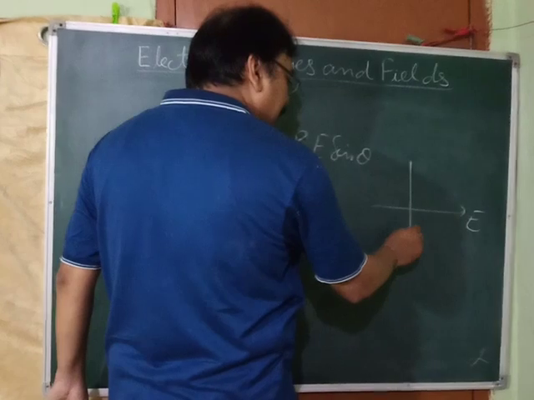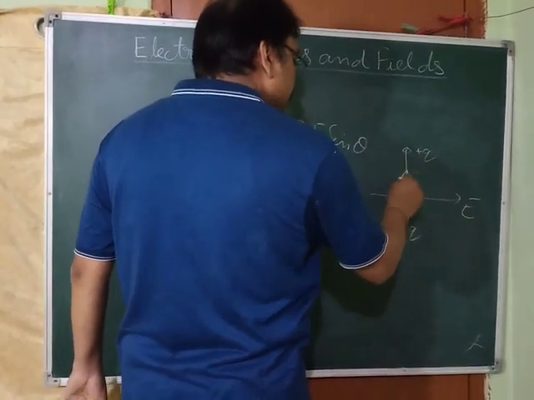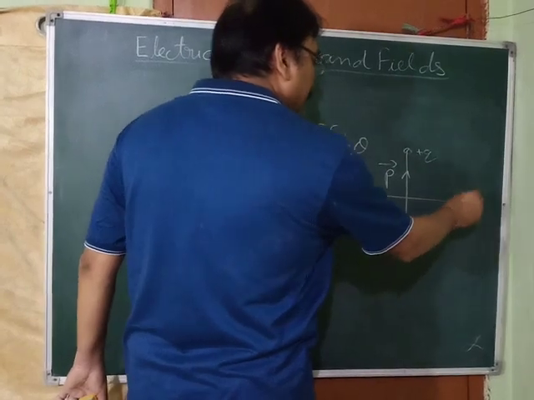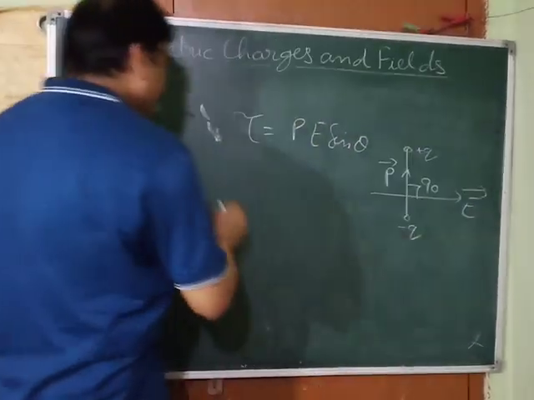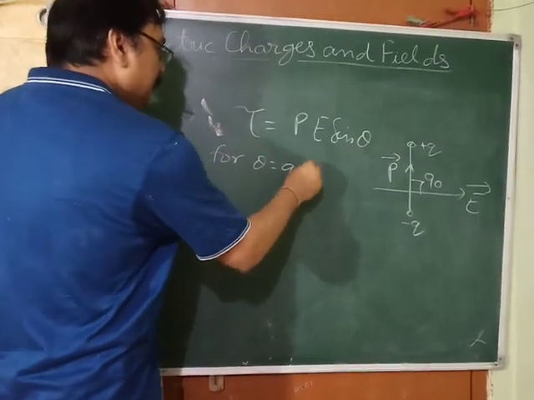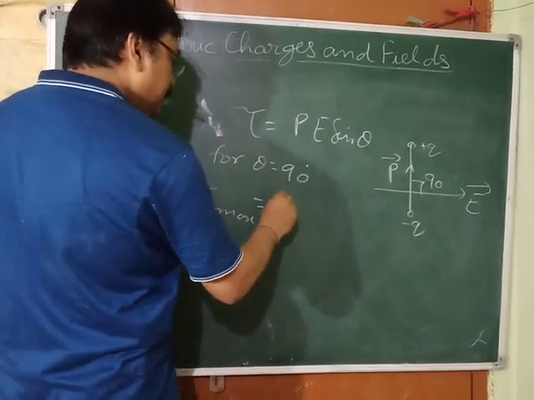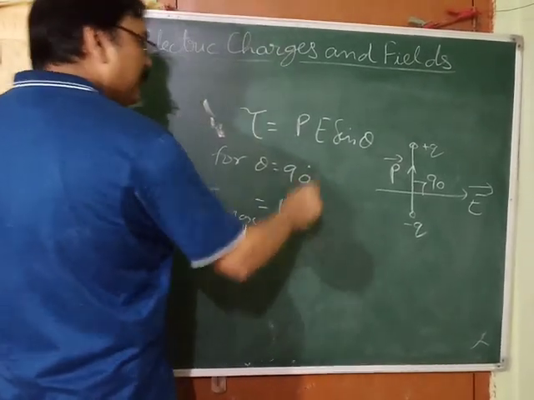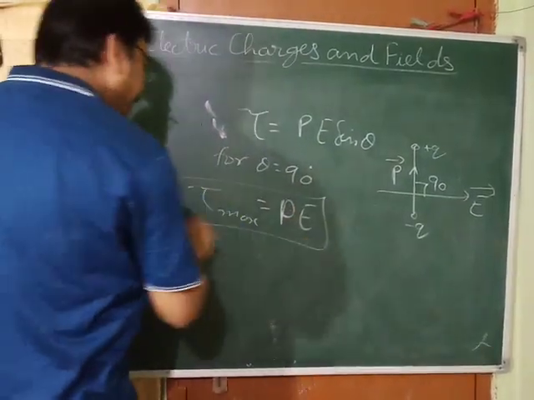Dipole moment is directed from negative charge to positive charge. So P is directed in this direction and the electric field is directed along this direction. So the angle is 90 degrees. So for theta equal to 90 degrees, tau is maximum, and that is how much? PE, because sin 90 is how much? 1. So this is the maximum value.